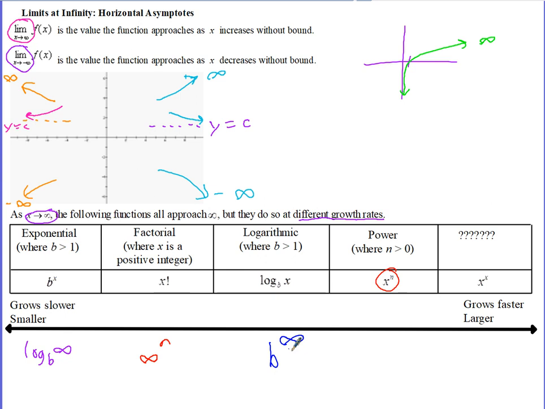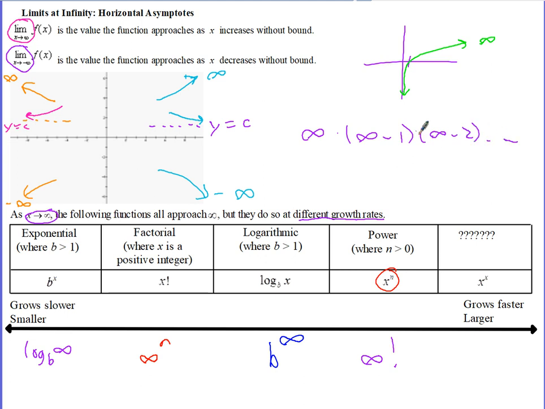And then one that's even larger than that actually is the factorial. So infinity factorial. To see why that is, you can think, remember, like if it was 5 factorial, 5 times 4 times 3 times 2 times 1. So infinity factorial, you can think of that as infinity times infinity minus 1 times infinity minus 2, and so on.